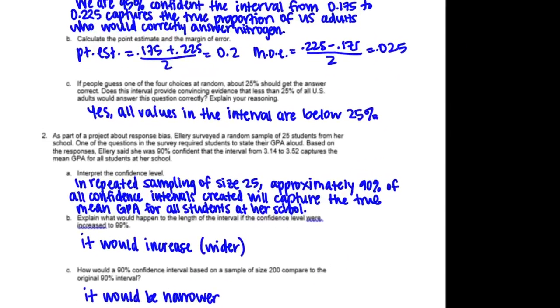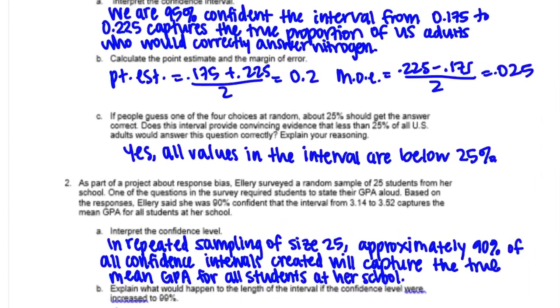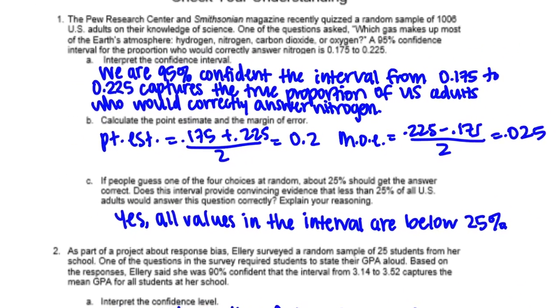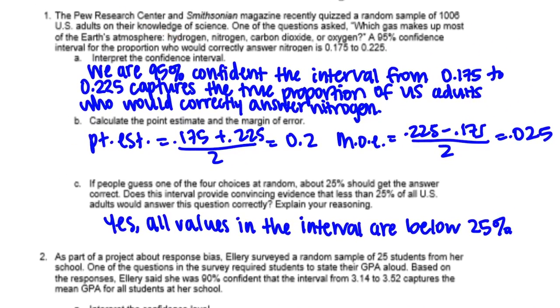All right, so let's talk about this interpretation. So you basically need to replace the percent with whatever the percent is here. And then we have the interval from blank to blank. And so we use those.